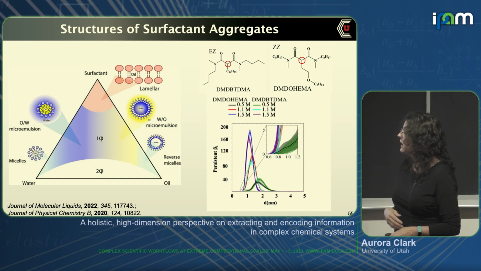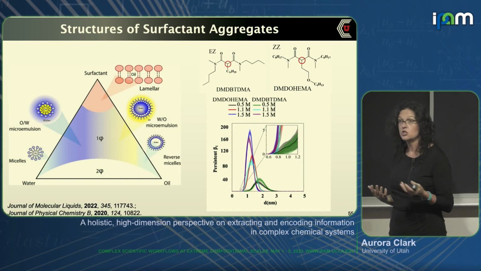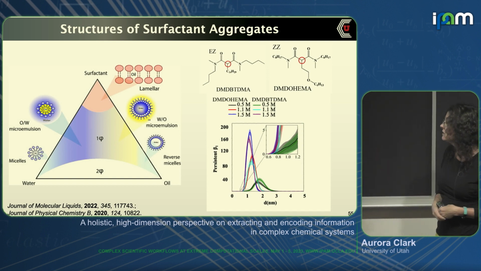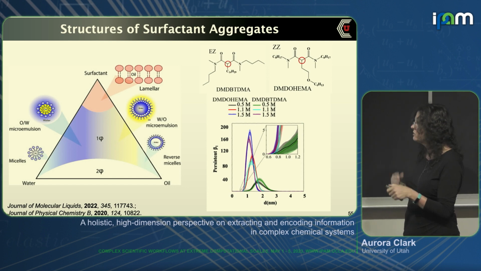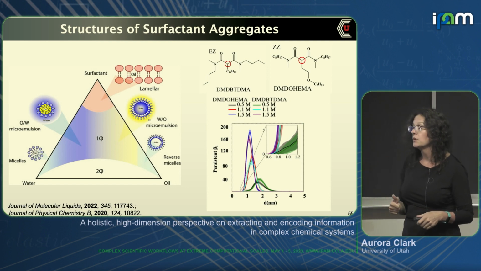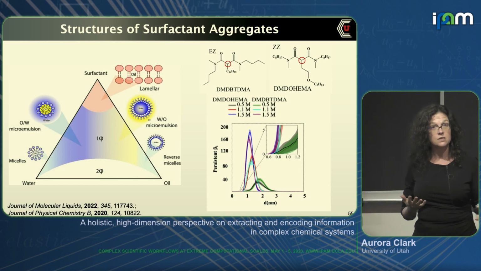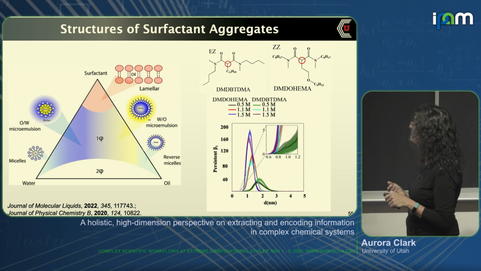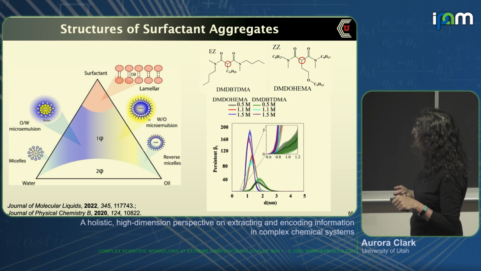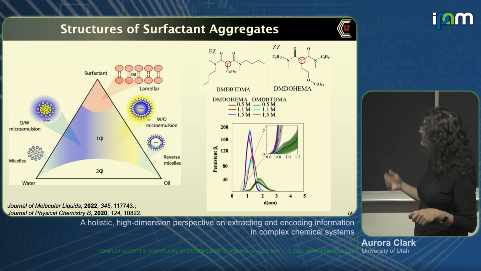And we can use this and have used it for a large number of systems. It's something we use quite regularly now, where we're trying to use the persistent homology barcodes as a fingerprint of the structures that are formed in these emulsions. For example, here are two different surfactants that have different branching structures of these alkyl tails.